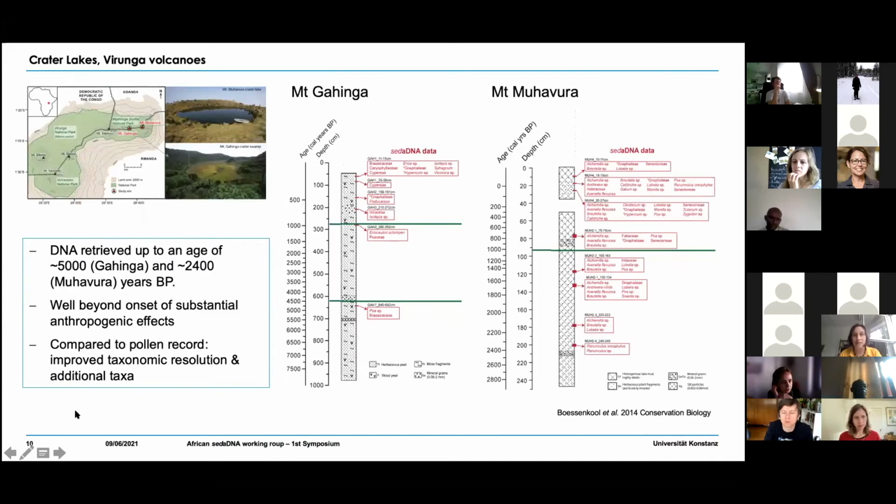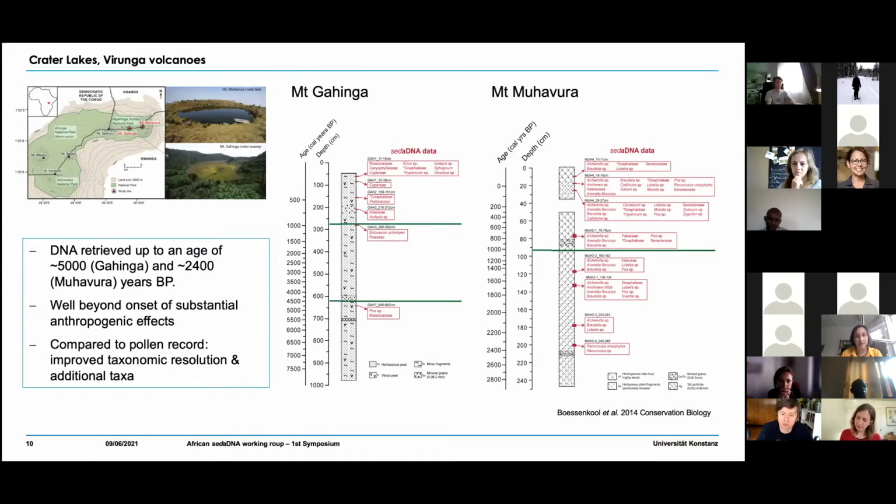And this is similar to something that a colleague of mine, Sanne Boessenkool, did, and I was also involved in the study, which is why I'm showing it. So this is another study where we got ancient DNA from 2 lakes in the Virunga Mountains, 2 crater lakes. And this also went back to around 5,000 years.